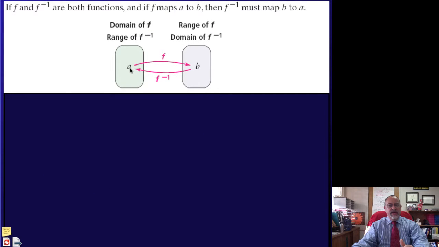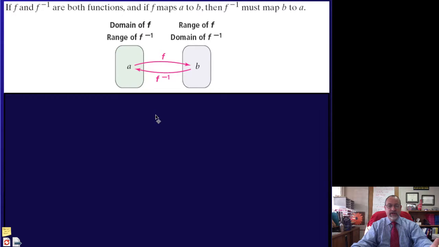If you take a and you substitute it into the inverse, it produces b, and then if you substitute b into the function, it produces a. So basically what happens when you compose a relation with its inverse, and they're both functions, whatever you put in produces an output. You take that output, put it in, it's going to produce the input.